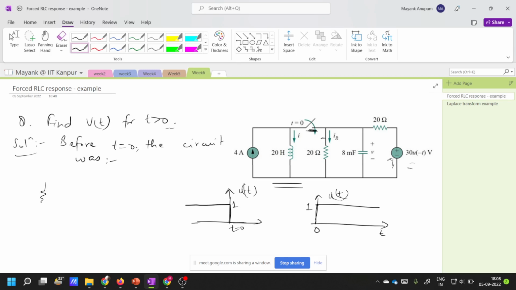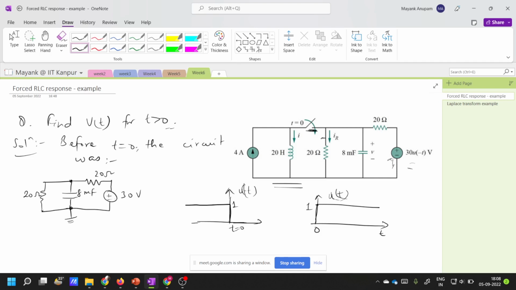So I have this circuit before t equal to 0: this resistor, this capacitor, this resistor, and there is a voltage source. And I will assume that this is the reference here. So this is 20 ohms, this is 8 millifarad, this is 20 ohms, this is 30 volts before t equal to 0.